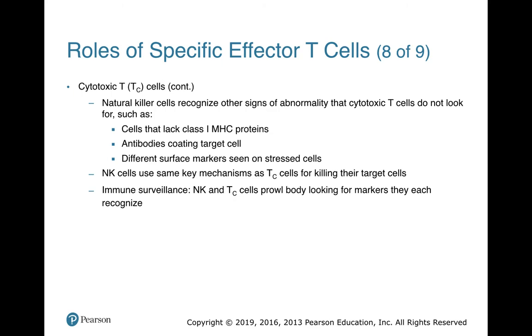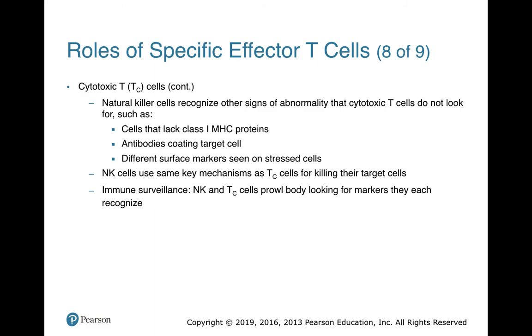Cytotoxic T cells are similar to natural killer cells. Natural killer cells recognize abnormalities. Cytotoxic T cells recognize abnormalities. Natural killer cells are more specific for those that lack MHC class I protein. So they're not seeing an antigen in the context of self, they're seeing a lack of self on the target.